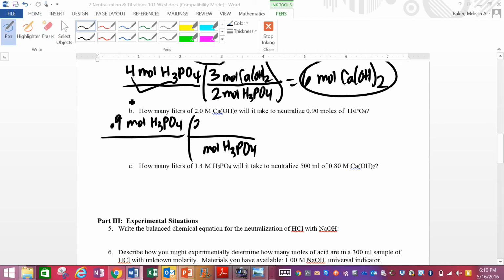For every 2 moles of H3PO4, you need 3 moles of calcium hydroxide. Again, you're getting these numbers from the coefficients in the balanced equation. Multiply across the top, divide by the bottom, that's 1.35 moles of calcium hydroxide.